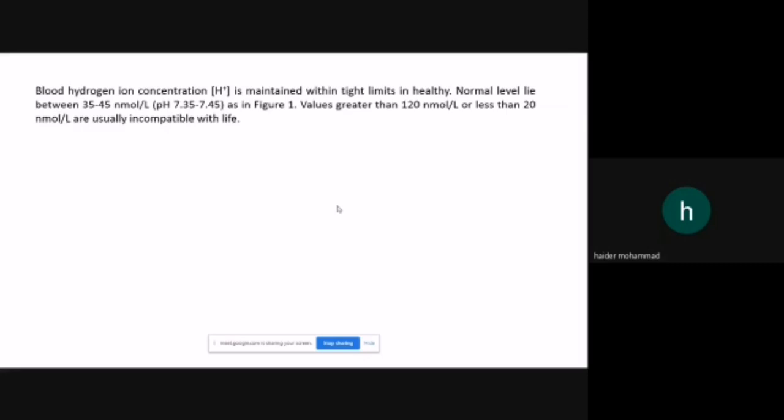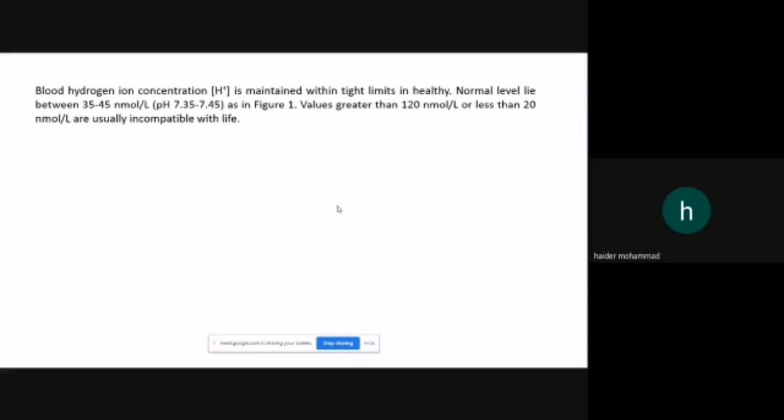Firstly, acid-base balance means we're going to speak about the hydrogen ion concentration. We say acid-base balance, but we're going to study just hydrogen ion concentration, without hydroxide ion concentration, in extracellular fluid.